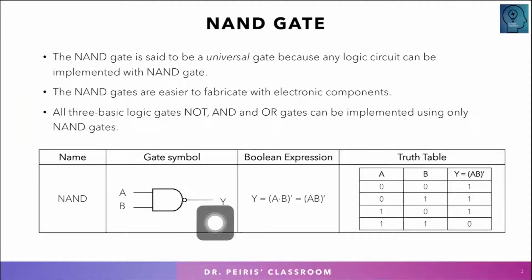Because there is a bubble, it is AB prime. So the bubble tells that it's going to be a complement, the AB complement. In a NAND gate, it's the AND and then it becomes the complement. If you look at the truth table, it's the opposite of the AND truth table. If both inputs are 1 1, you get logic 0, otherwise everything is logic 1.